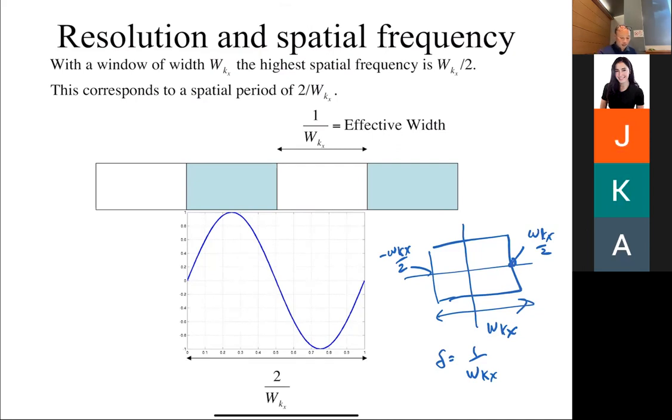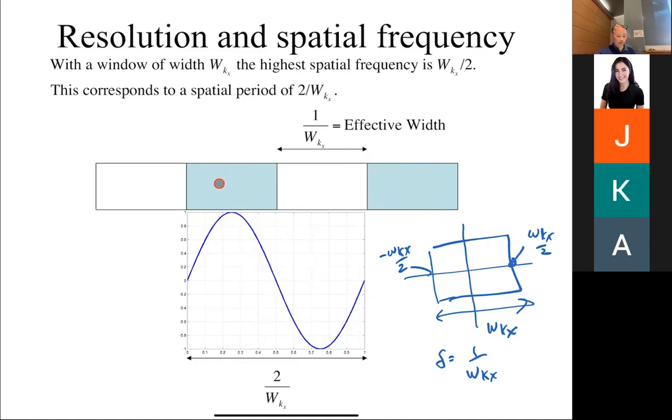All right. And let's see if that makes sense. Let's just imagine I had an object like this, which was varying like this, right? So you could argue that, well, to resolve this pattern, at least I should be able to resolve the size of each one of these. Okay. And that's my effective width, right? But I could do that with a sine wave that is only half that spatial frequency.